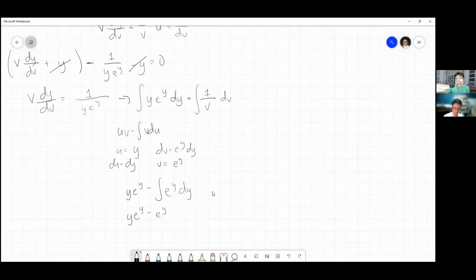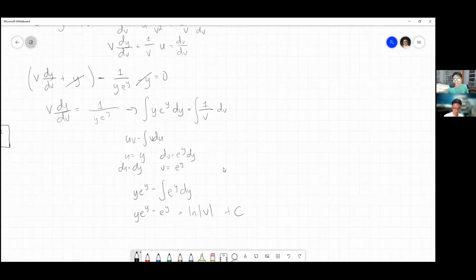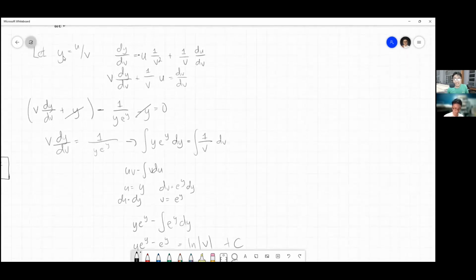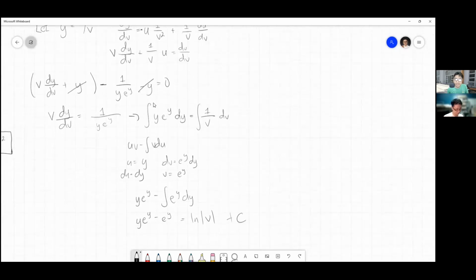And then yung sa right-hand side natin, integral ni 1 over v is, if I'm not mistaken, ln absolute value of v. And then add nyo lang yung integration constant natin dito. And yan, halos patapos na tayo. So last step na lang natin dyan is to substitute back yung inlet natin na y, which is u over v.